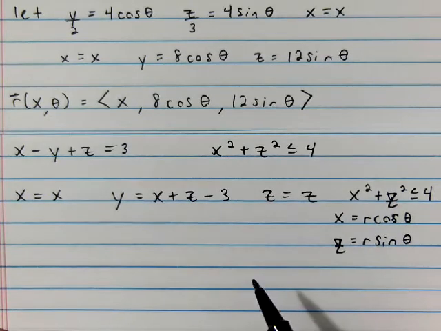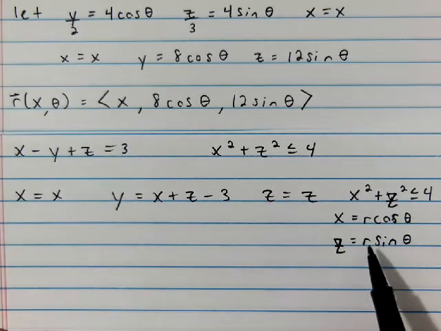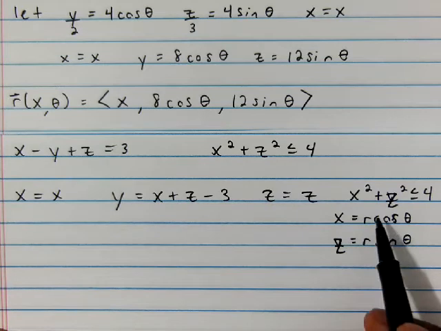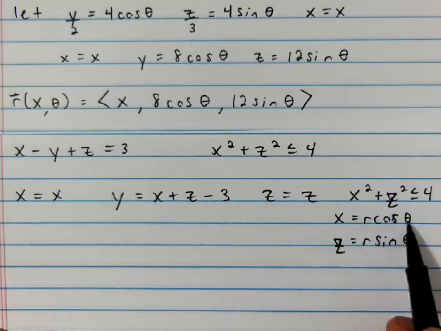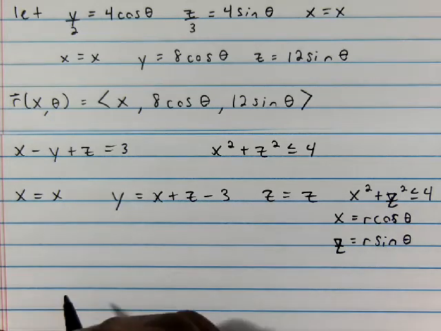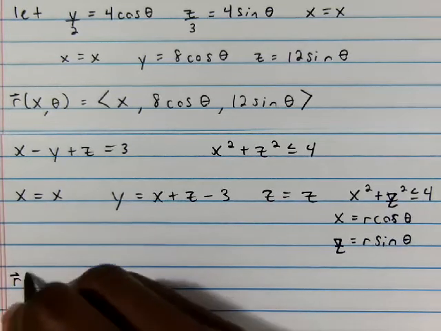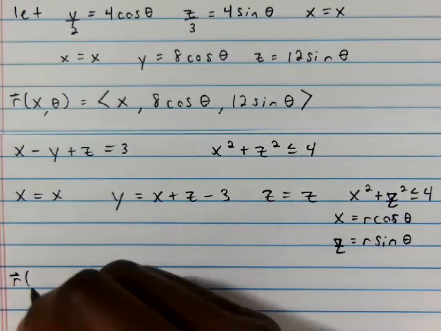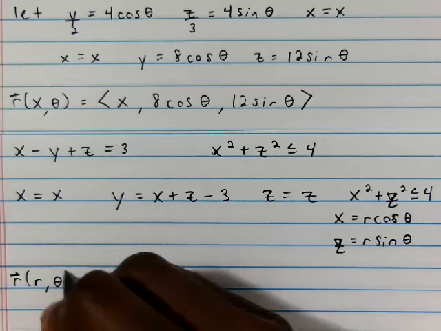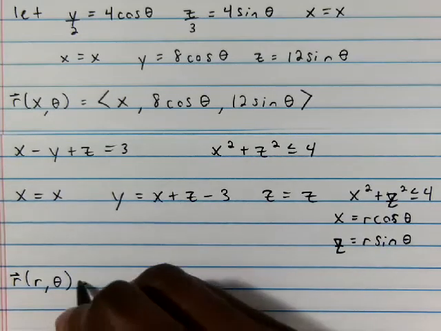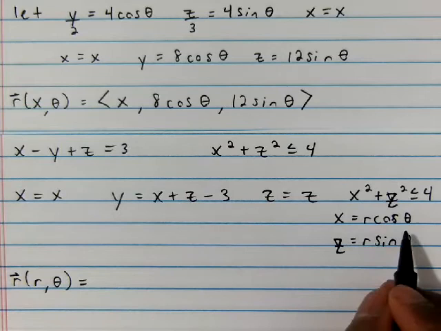And then we can use our bounds for r, which would be from 0 to 2, and our bounds for theta, which would be from 0 to 2 pi, to give us bounds for our plane. So now we have our vector function. Instead of being a function of x and z, it's going to be a function of r and theta. x is r cosine theta.